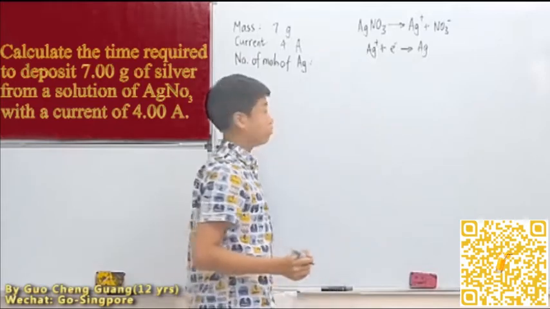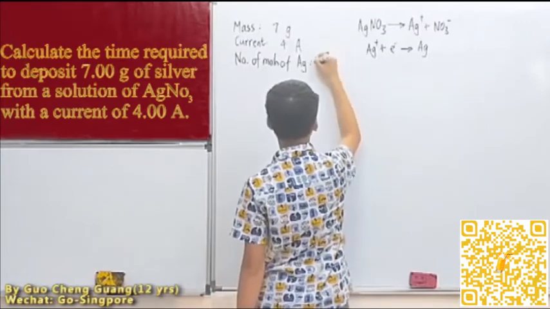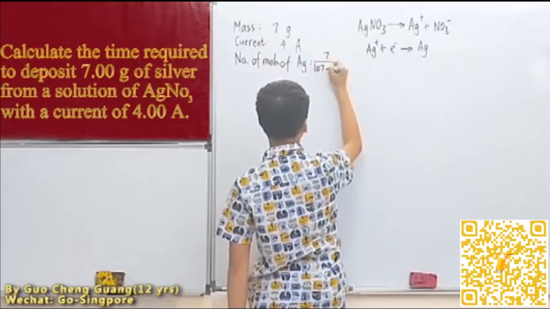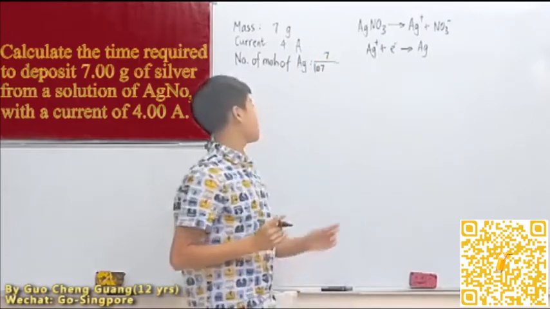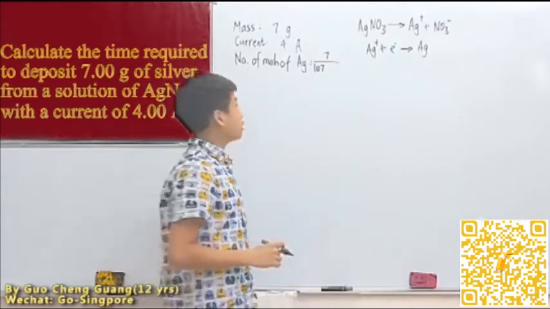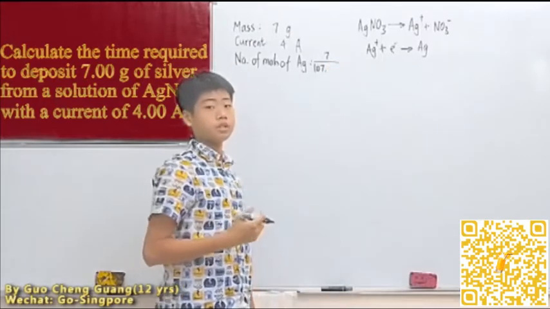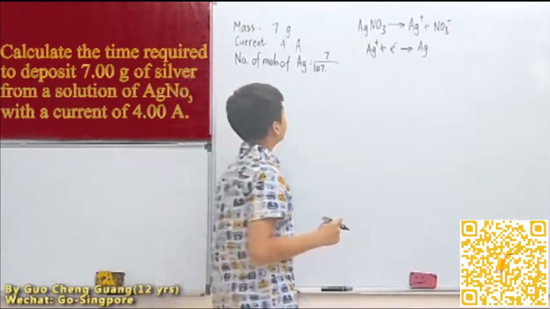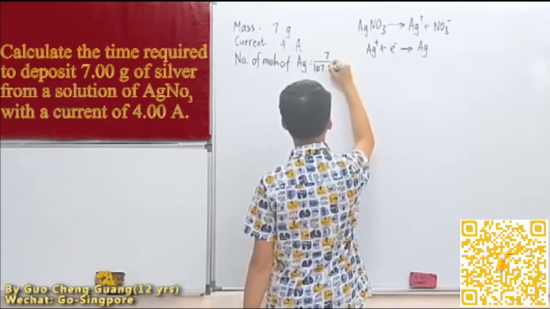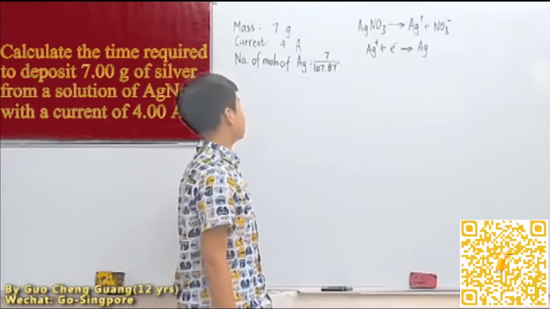So number of moles of Ag is 7 over the atomic mass for silver, that means 107.87.